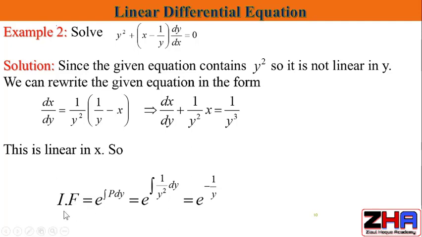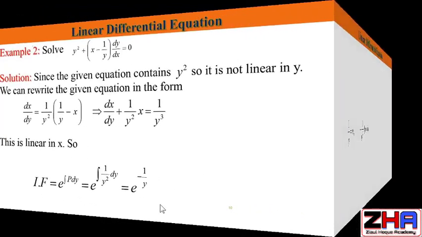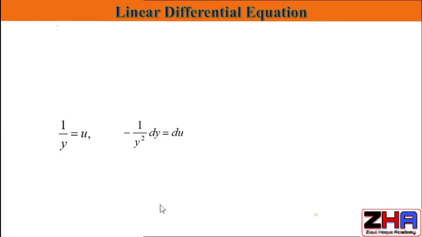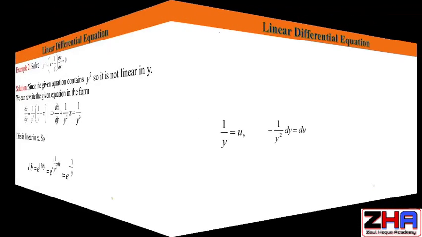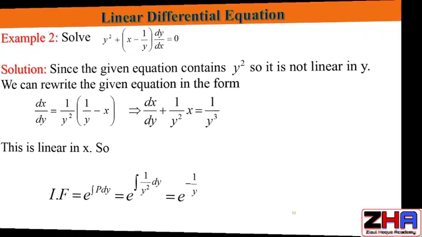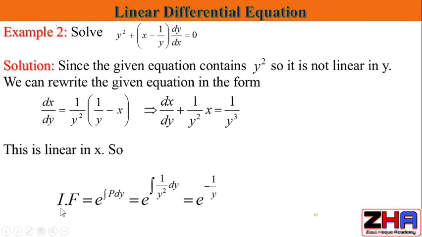Therefore, integrating factor is equal to e raised to the power integration of p dy, equal to e raised to the power integration of 1 by y square dy, which is equal to e raised to the power minus 1 by y.